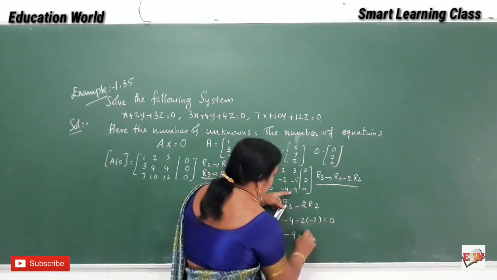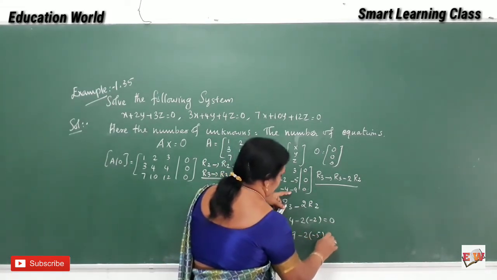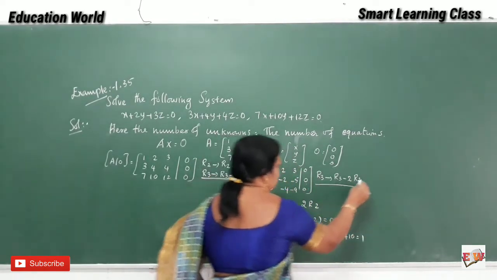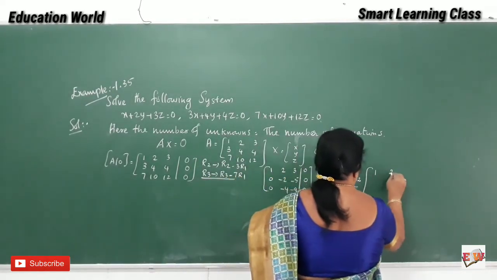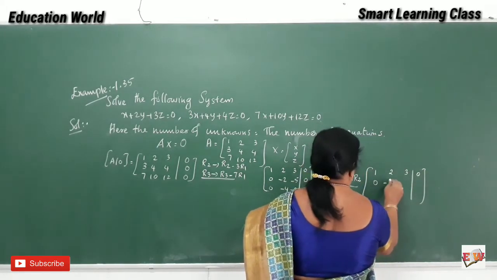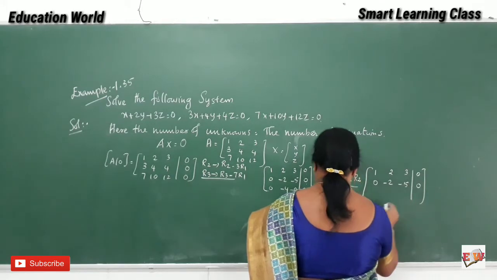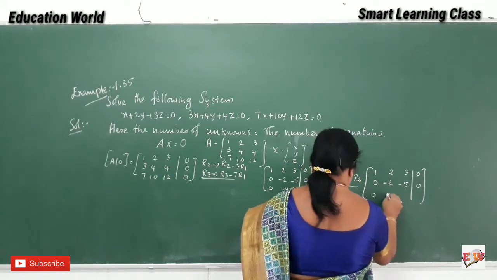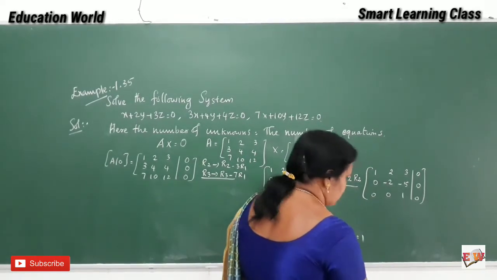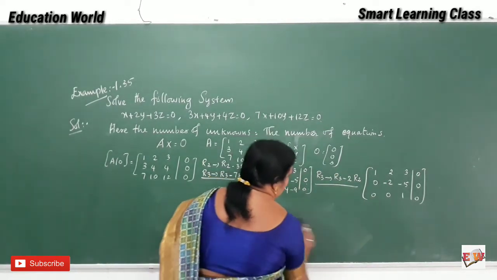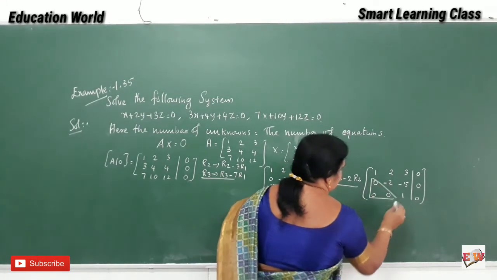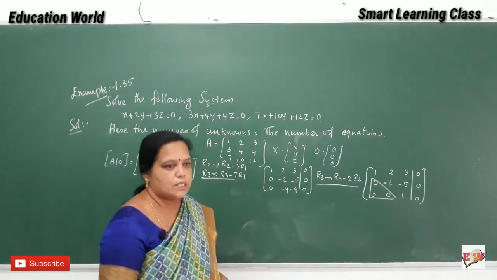Minus 9 minus 2 into minus 5, minus 9 plus 10 is equal to 1. 0 minus 0, 0. So we get 1, 2, 3, 0, 0, minus 2, minus 5, 0, 0, 0, 1, 0. So we transformed that augmented matrix into row echelon form, isn't it?